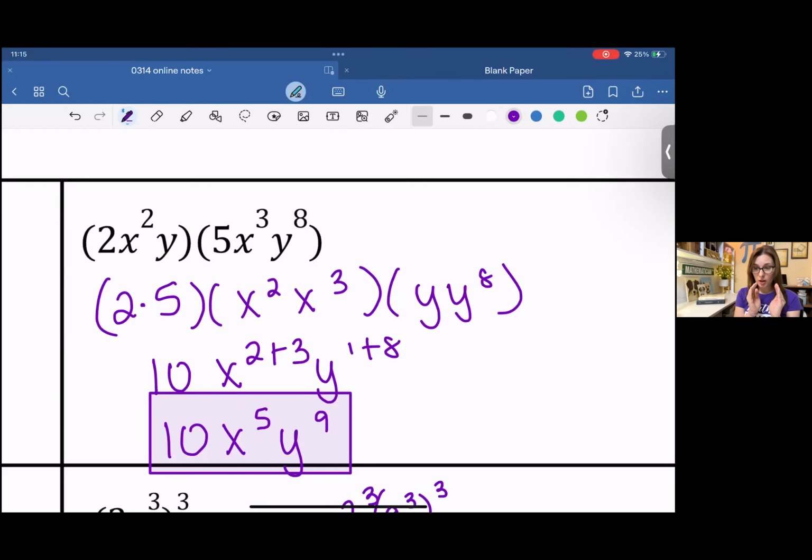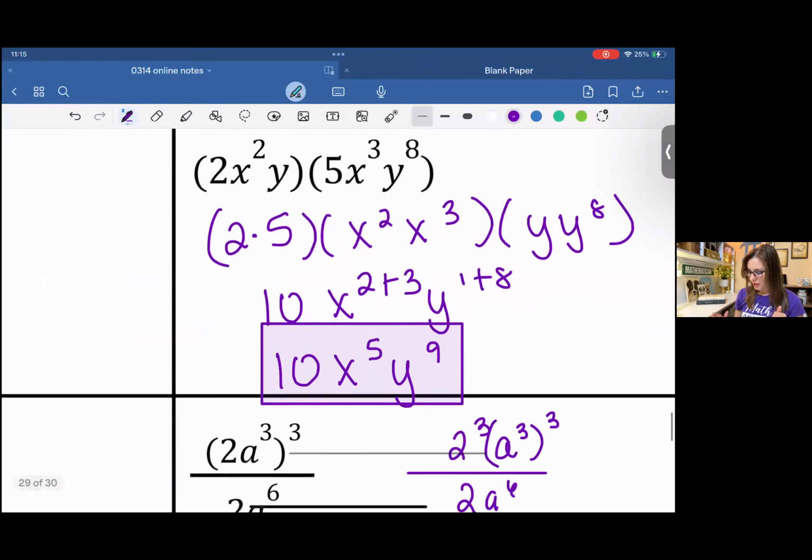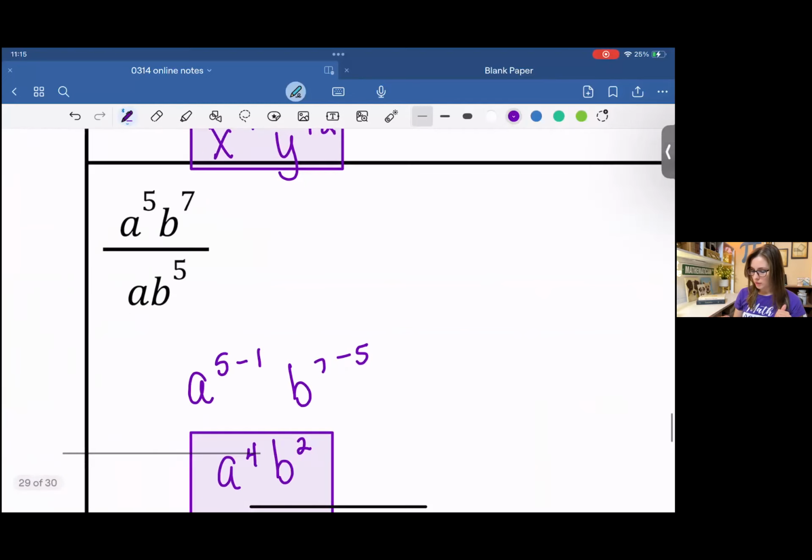So I have 2 times 5, and then x squared and x to the 3rd, and then y to the 1st, y to the 8th. And then I worked on each component. 2 times 5 is 10. With the x's, I add those exponents to get 5. With the y's, I add those exponents to get 9. So you have 10 times x to the 5th times y to the 9th. And that's all.